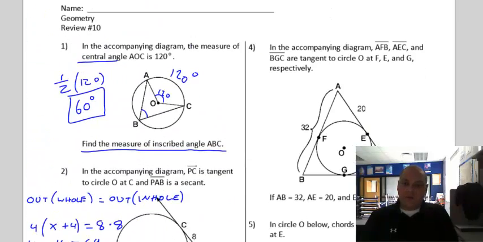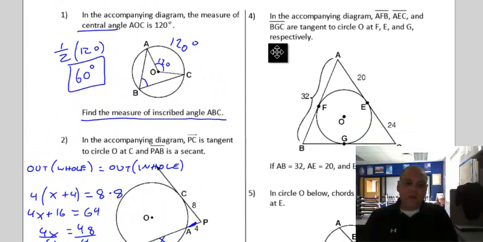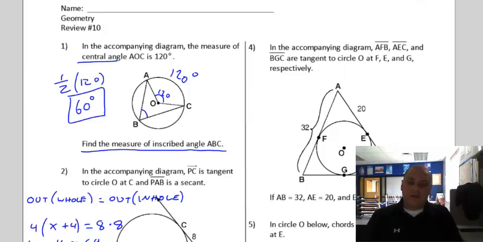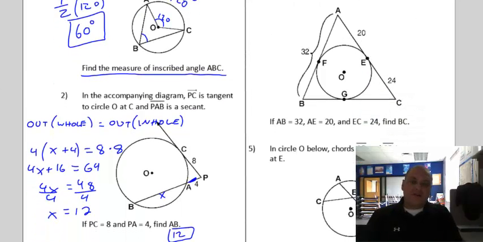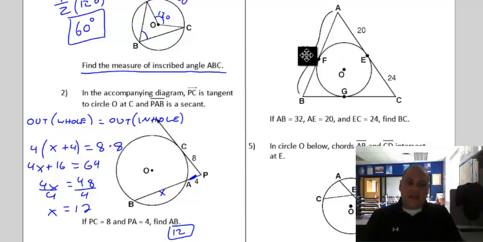All right, back up here, number 4. Now, this picture here, there's a bunch of tangents. AF and AE are tangents. CE and CG are tangents. BG and BF are tangents. They're all equal. So if this is 20, then this is 20. So that's the piece that we're missing there.